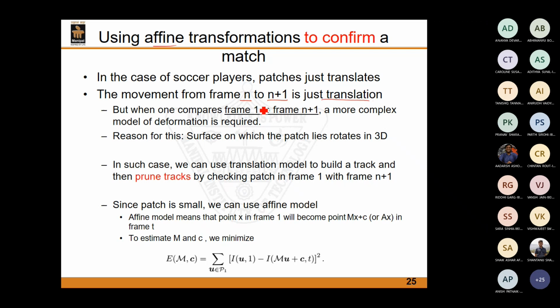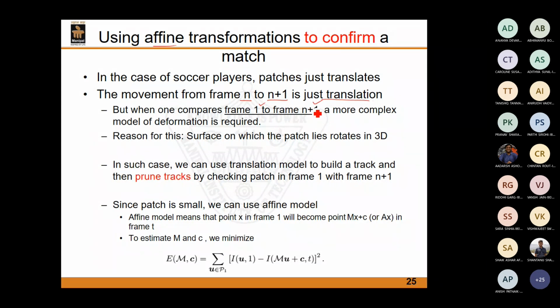Now here we can improve the method further by assuming that, if you're comparing frame 1 of the video sequence with any frame n plus 1, the transformation which is present between these frames, which are a little time apart, is not just translational, but it is an affine transformation.